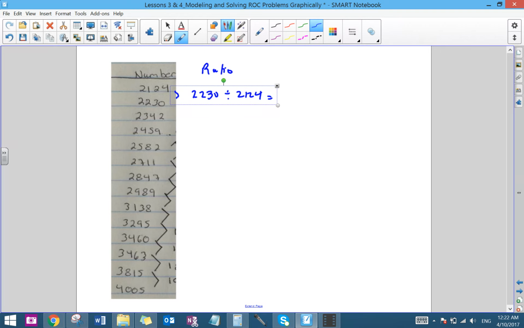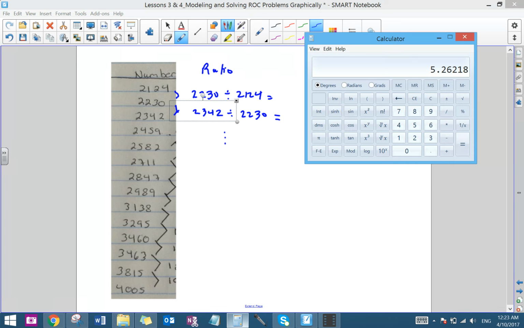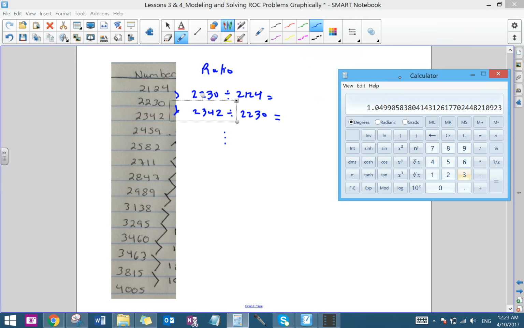We'll do that again for the next pairing, and we'll continue the pattern until we get to the bottom. So let's check that out right now. 2230 divided by 2124, 1.05 approximately.